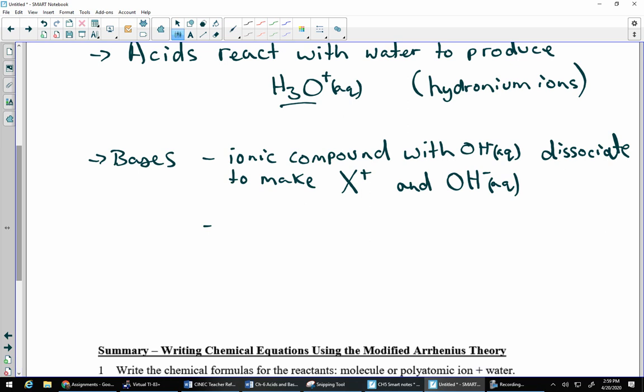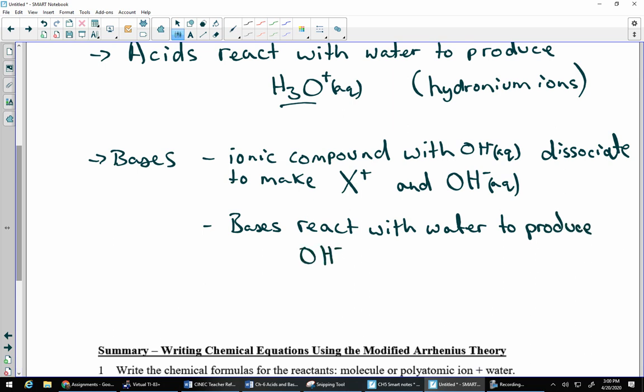The other thing, like the ammonia NH3 we just talked about, is that bases can also react with water to produce, you're never going to guess what, hydroxide ions.